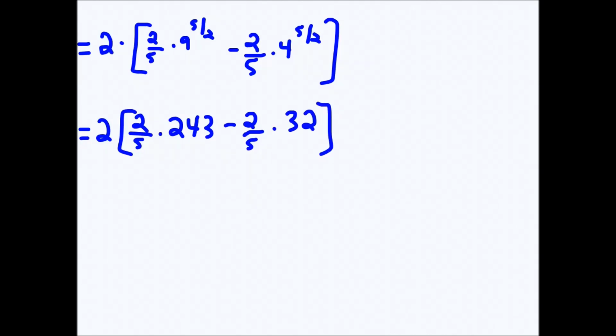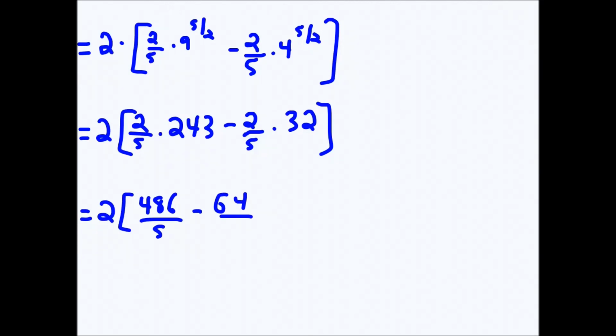And then we'll simplify these, and then we'll have our answer. We'll have 2 times, let's see, this is going to be 486 over 5 minus 64 over 5, which is going to equal 844 over 5.